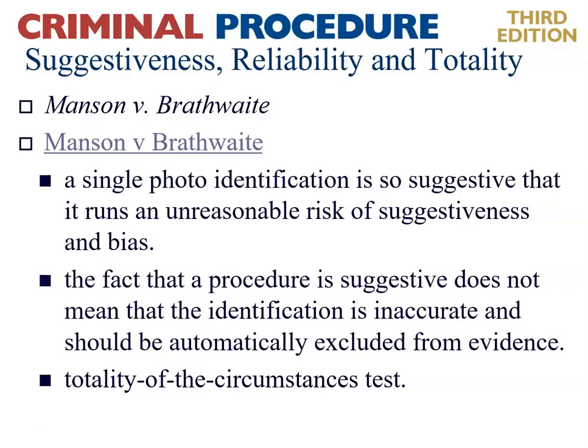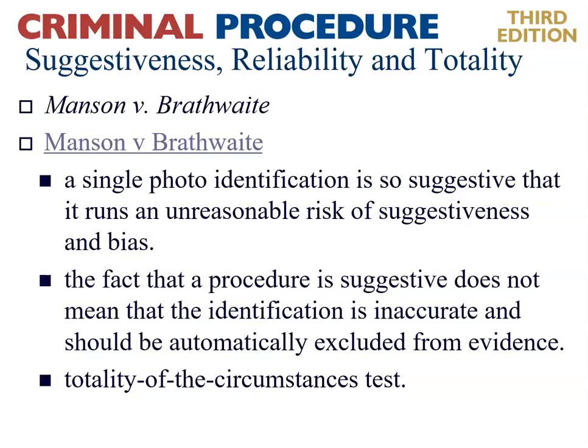A couple of cases talk about the totality of circumstances. One would be the Manson versus Braithwaite case. Now, the U.S. Supreme Court basically said that a single photo identification is so suggestive that it runs the unreasonable risk of suggestiveness and bias.